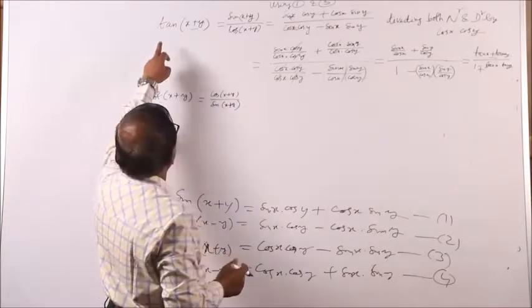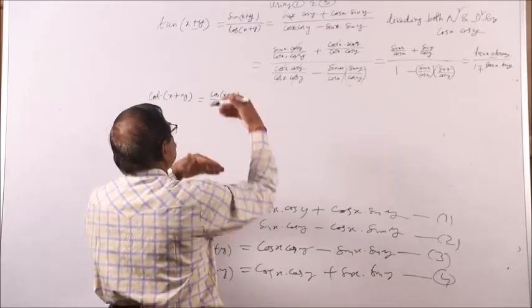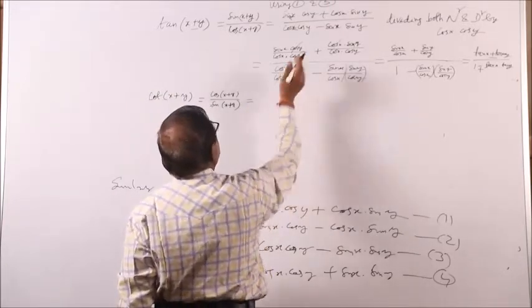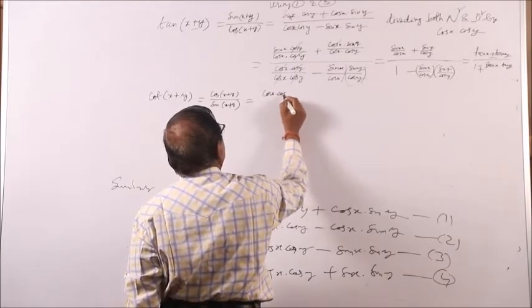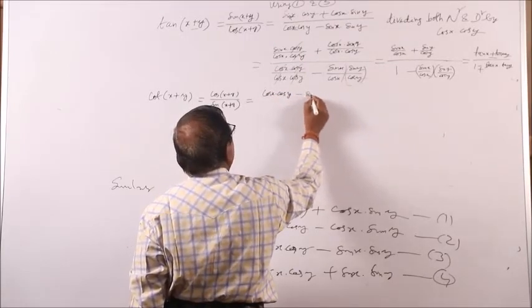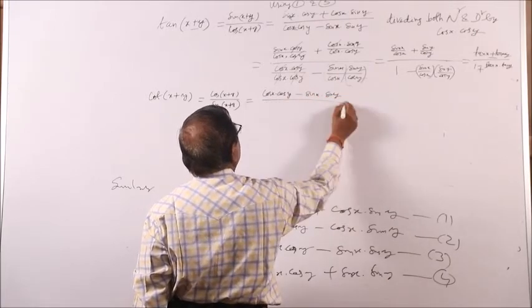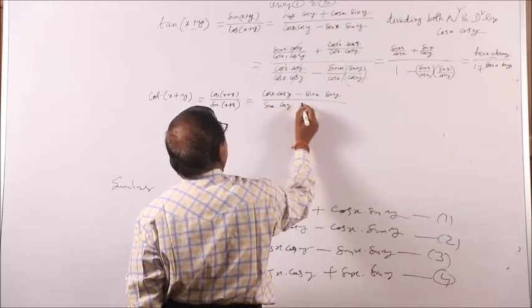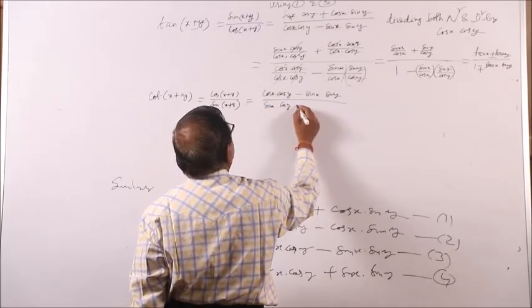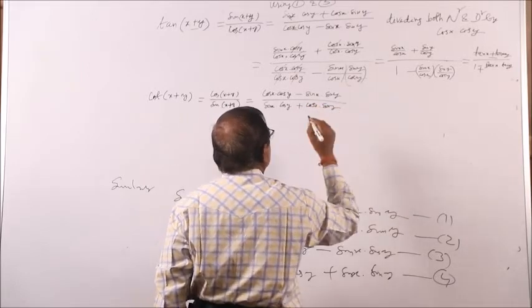I have told you in the beginning, tan is sin by cos, cot is cos by sin. So, just take the reciprocal. What will happen? Cos x into cos y minus sin x into sin y by sin x into cos y plus cos x into sin y.